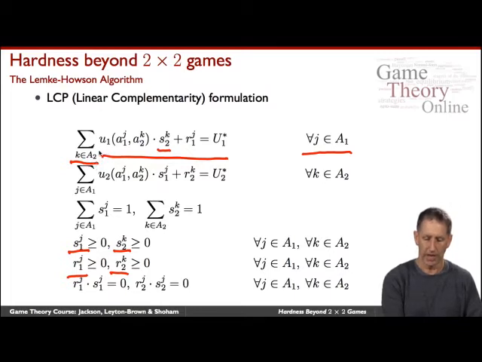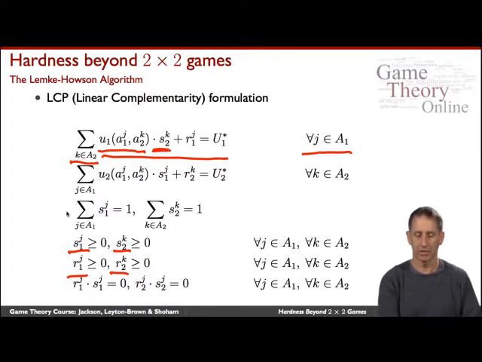We look at the payoff to player 1 given that he is playing a particular action J, and looking at that action of the other player, and normalizing it by the probability that player 2 attaches to that strategy.